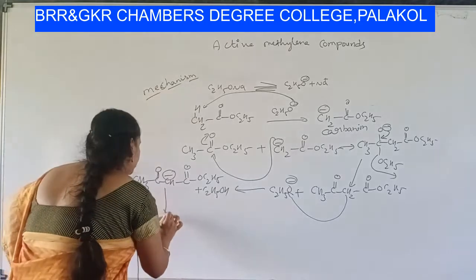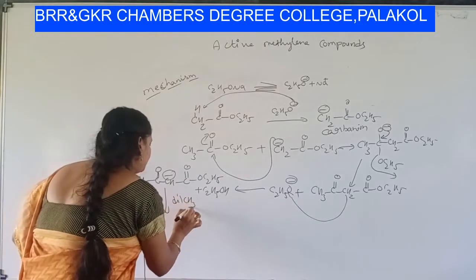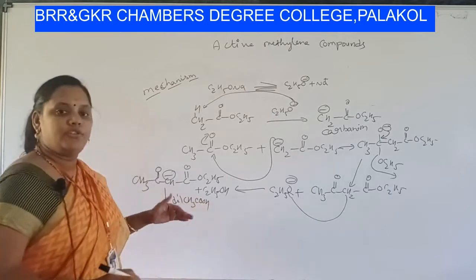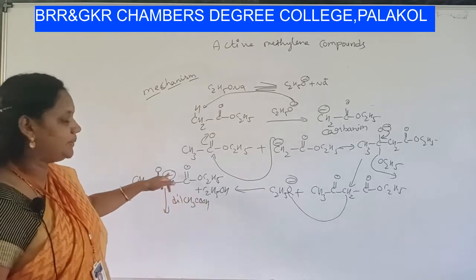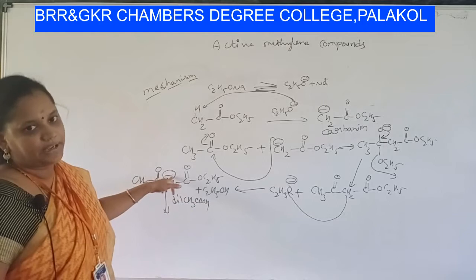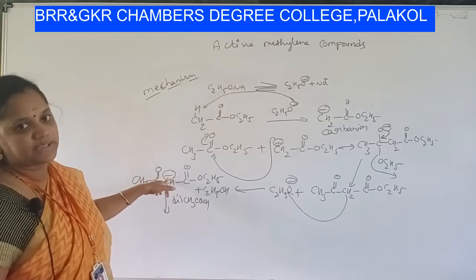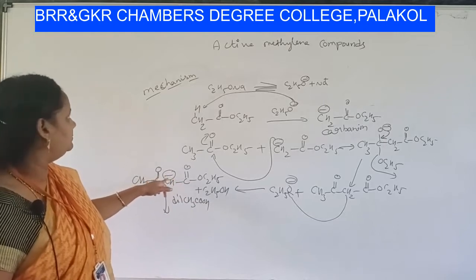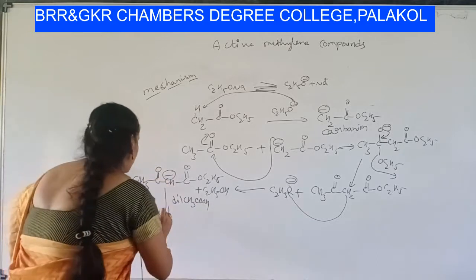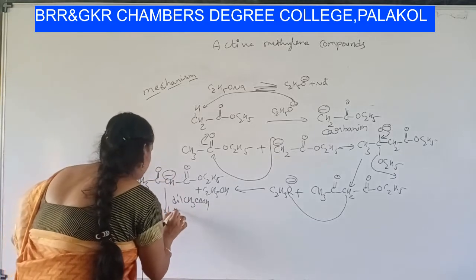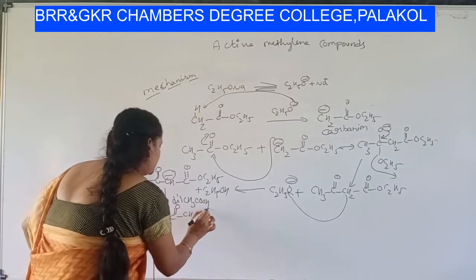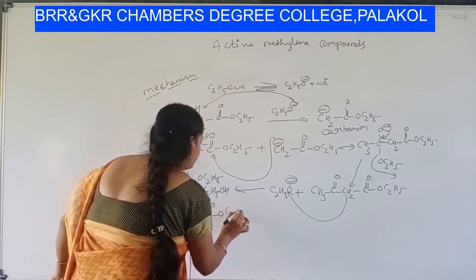So, I will add a few drops of dilute acetic acid, so that a proton is added to the carbanion to form our product CH3 C double bond O, CH2 C double bond O, OC2H5.